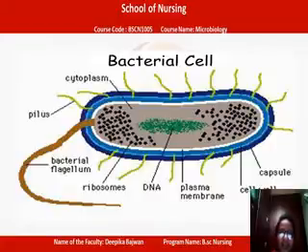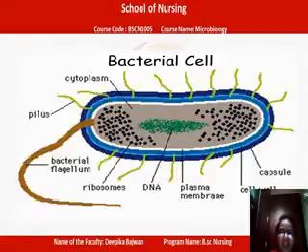If we compare eukaryote cells and prokaryote cells, bacterial cells are prokaryote cells, and human cells are eukaryote cells. One difference between eukaryote cells and prokaryote cells is related to this genetic material. In prokaryote cells, meaning bacterial cells, the genetic material is not covered by any nuclear membrane.